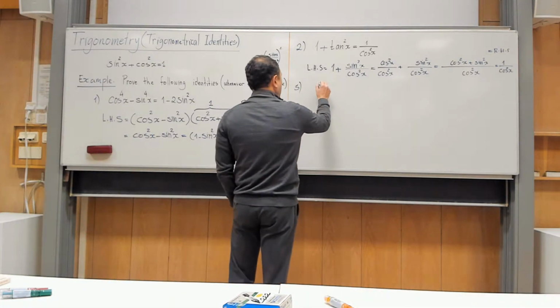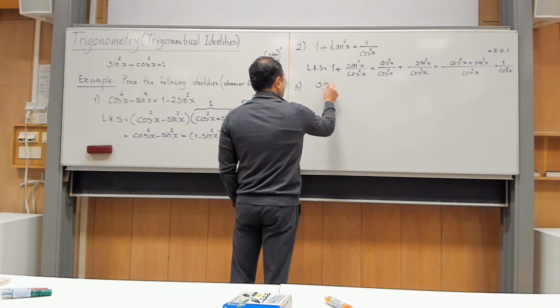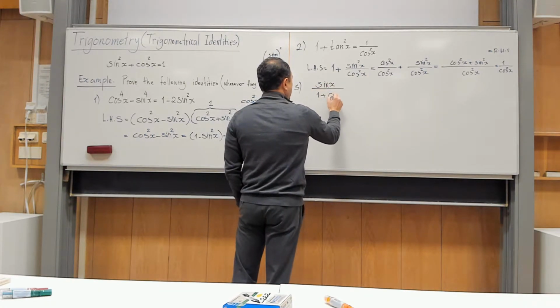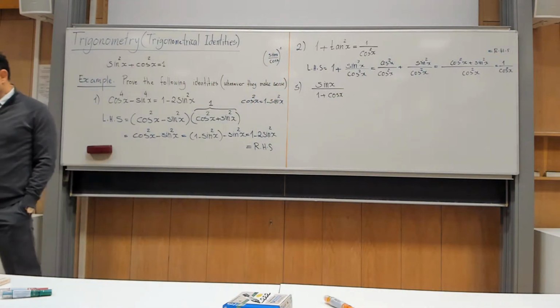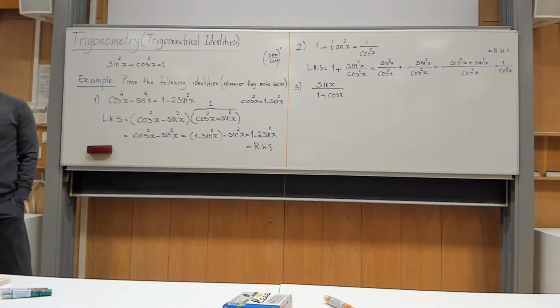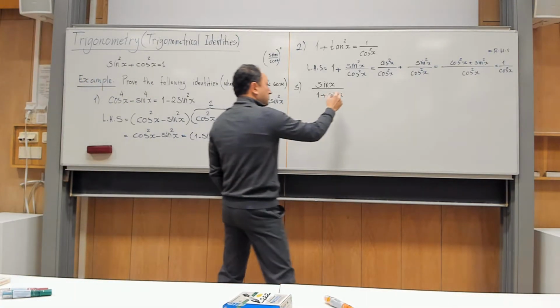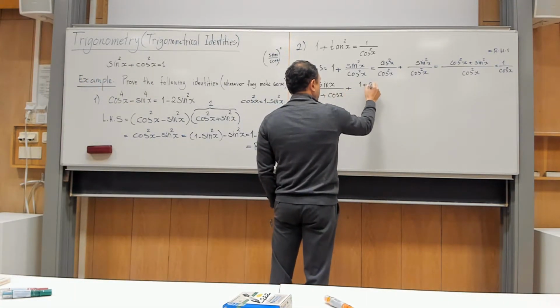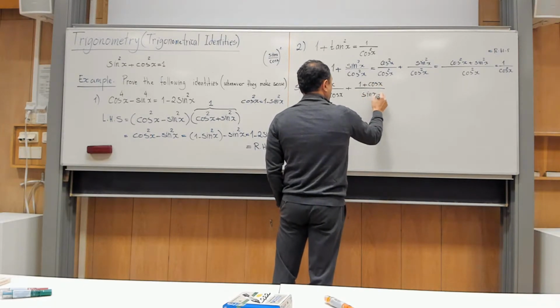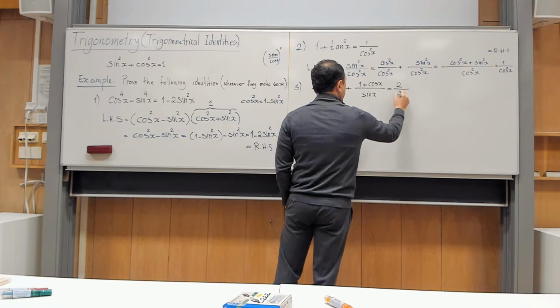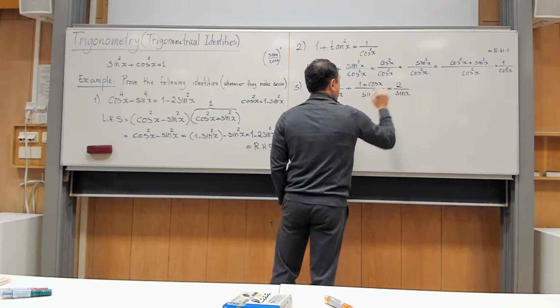So sine x divided by 1 plus cosine x, and then you have 1 the other way around: 1 plus cosine x divided by sine x is equal to 2 over sine x.